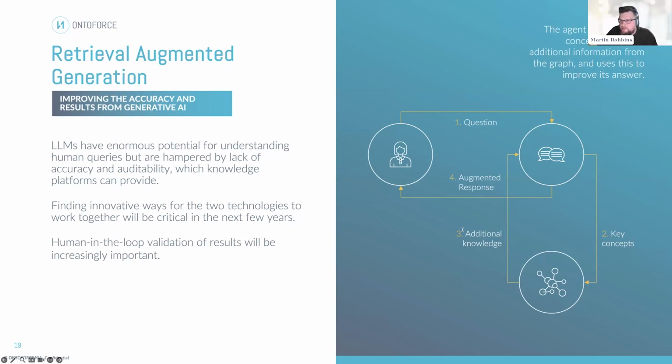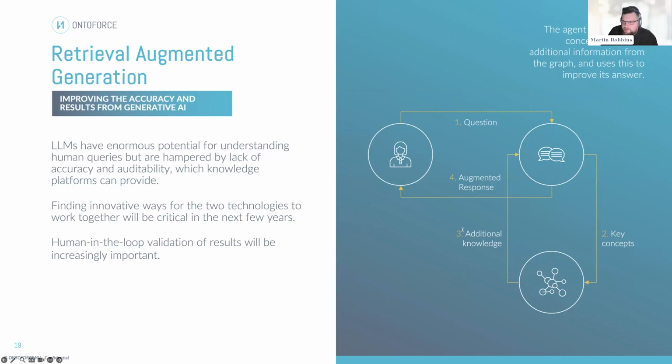We've looked, for example, at things like putting a human in the loop to make sure that results are validated. But one thing that's become quite popular, certainly in the last several months, is the idea of retrieval augmented generation, which is a fairly over-the-top name for something that's actually a very, very simple concept, which is, what if the LLM can check its answer against the knowledge graph?